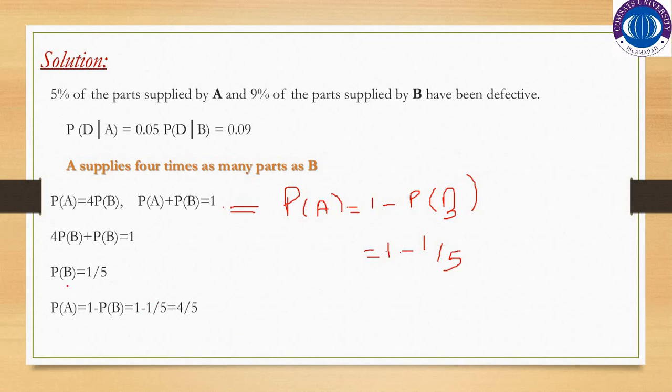So now we got that the probability that the supplies are coming from supplier B is 1 by 5 and from supplier A is 4 by 5.